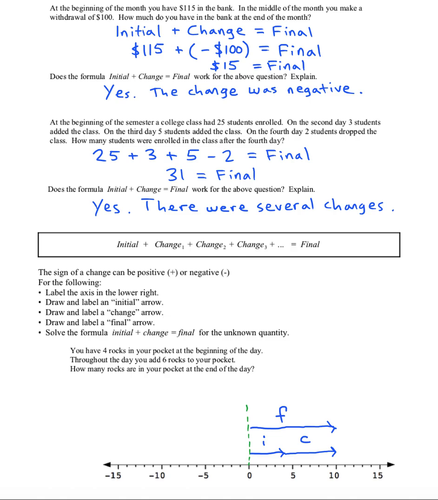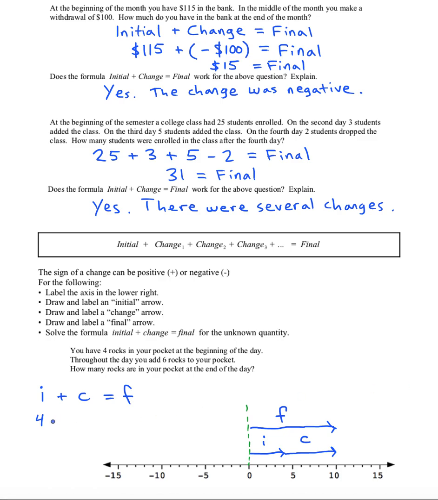Now our arrow diagram is complete, but we also want to create a formula which tells the same story. And we want them to be consistent. So in our formula here, I'll just start with the initial plus change equals final formula. And we're going to want to put in the numbers here and just see if it all adds up.